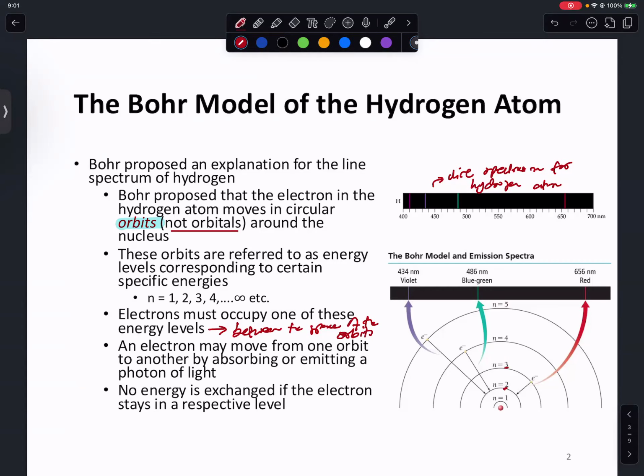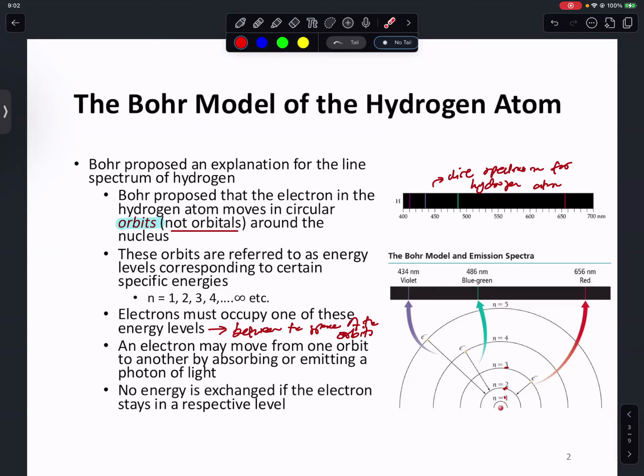Now, an electron may move from one orbit to the other. So it can go from a lower to a higher energy orbit by absorbing a photon of light, or it can move from a higher energy orbit to a lower energy orbit by emitting a photon.